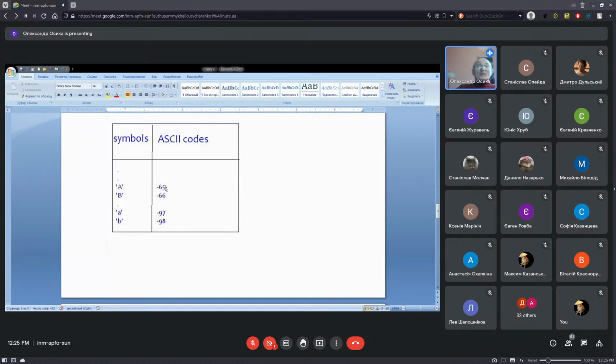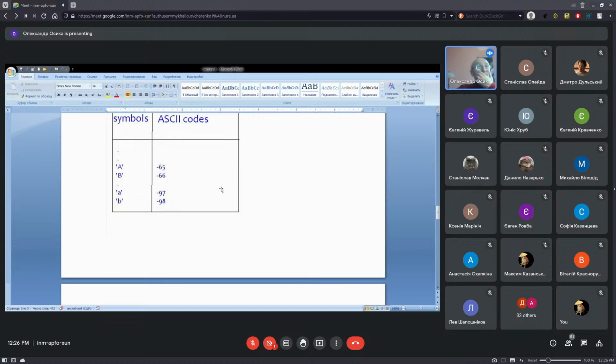If you remember the English alphabet, A, B, C, D, E, F, G, H, and so on until Z, you can easily obtain the ASCII code, which is an important thing to know when you are programming in some languages like C++.